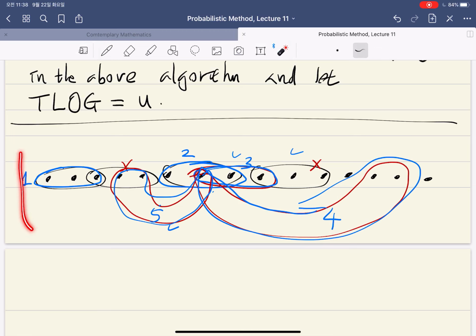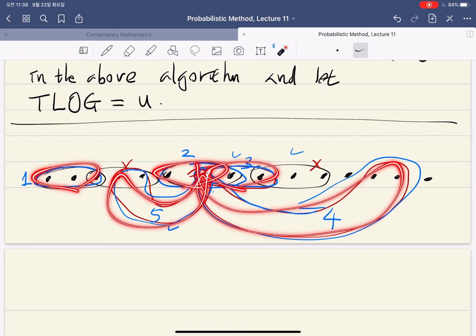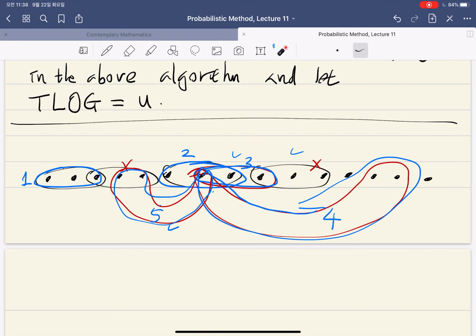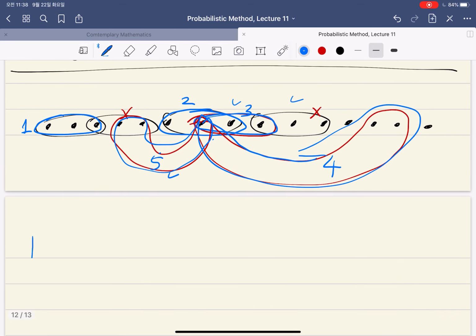Then the probability of this event happening, so this specific sequence being obtained. If you estimate such a probability, then what would be the way? So first, the bad event for alpha 1 must happen, which happens with probability p of alpha 1.